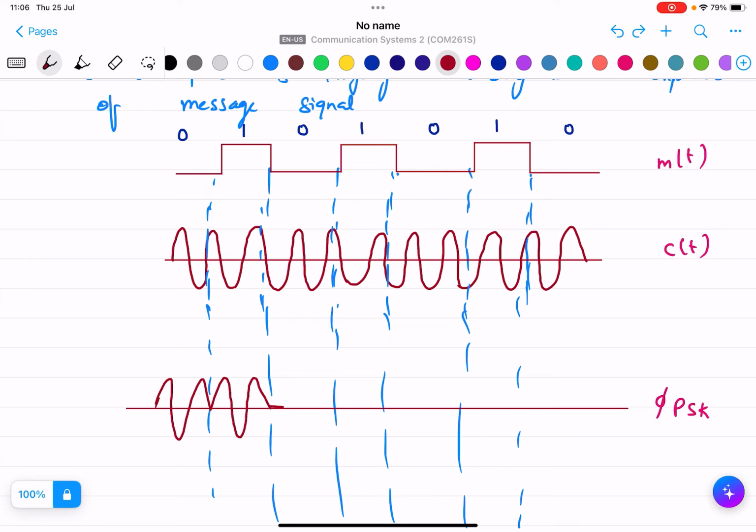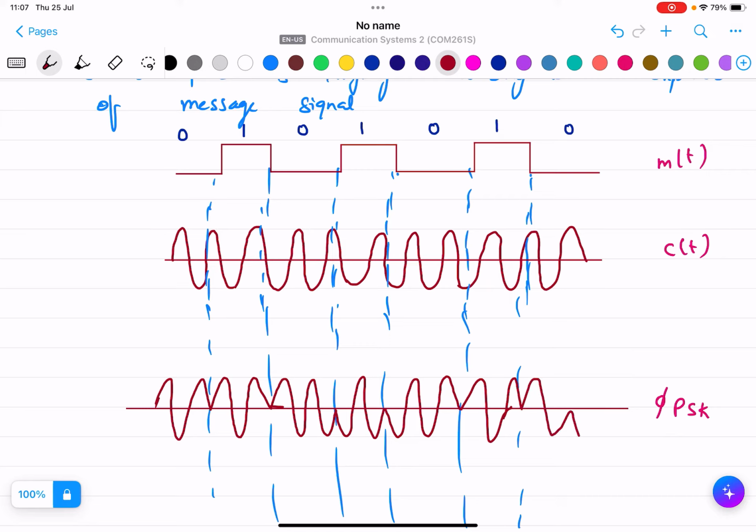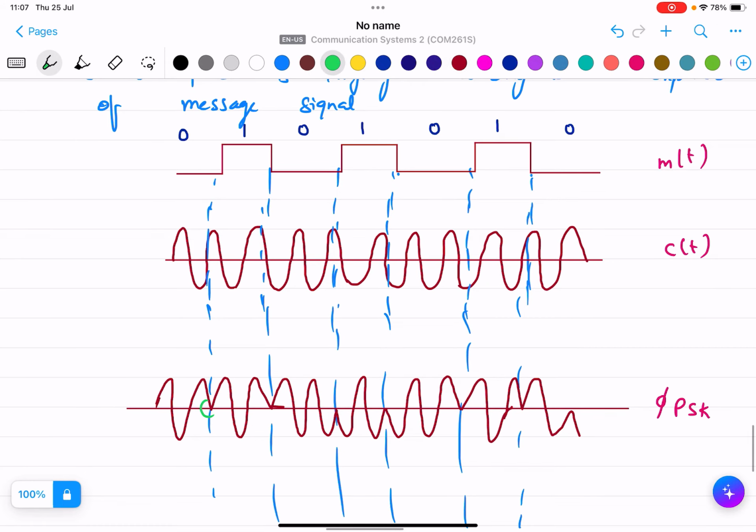Now it is ending here, now it is 1 to 0 again, so we will start from this phase reversal. Now it is again 0 to 1, so we will start from this. Again there will be a phase reversal, and then this. So whenever there is a transition, there is a phase reversal like this.